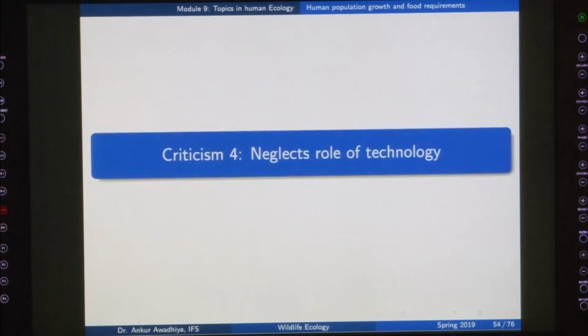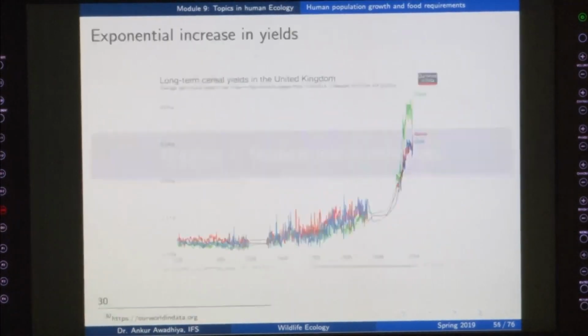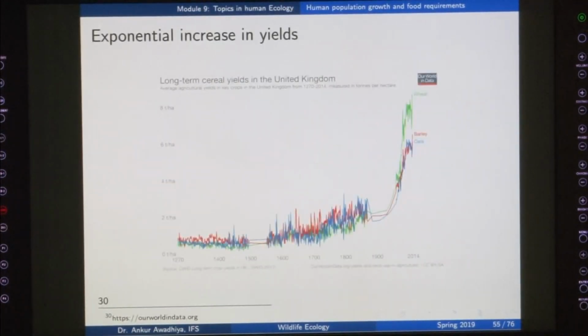And the fourth thing that Malthus did not consider was the role of technology. So, when we are talking about the exponential increase in yields, we saw this curve before, wheat, barley and oats.